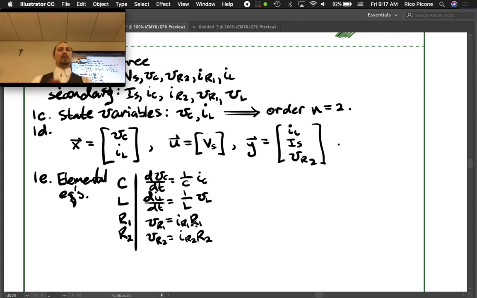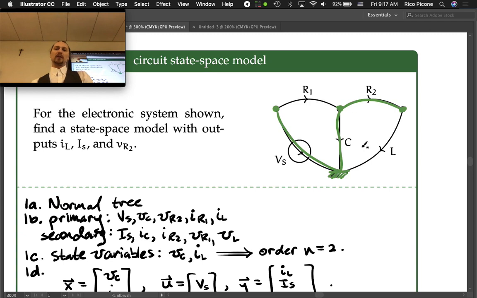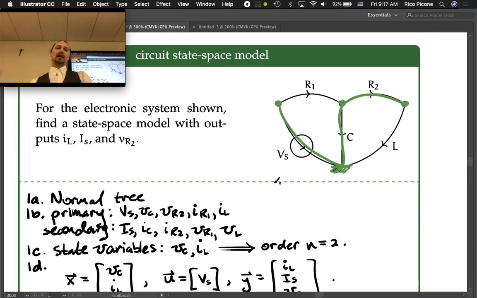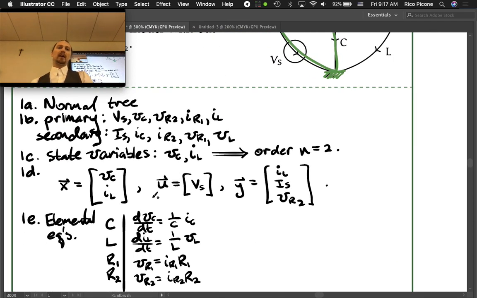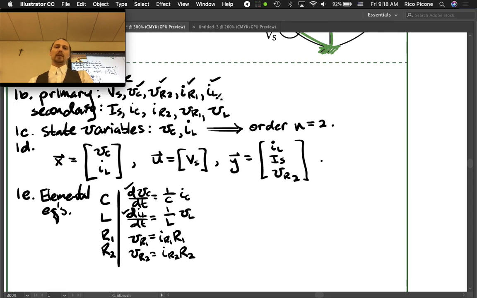They can be the across or through variable for the resistors or for D-type elements. So we are going to want to solve for the primary ones. VC is already solved for, and IL is already solved for. VR2 and IR1 are the two that we want to solve for. We want to solve for primary variables.